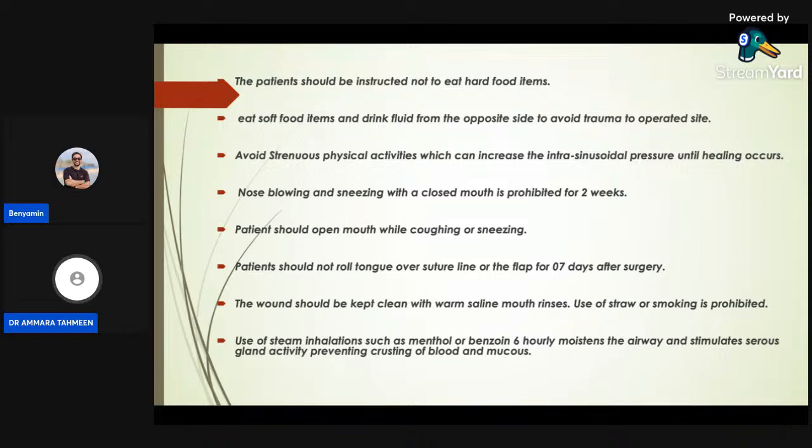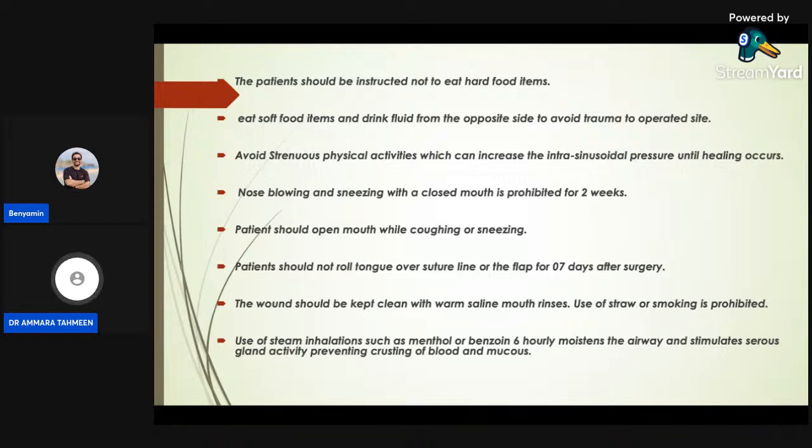The patient should clean the mouth after every meal with warm saline rinses. The patient should also avoid using a straw, and smoking as well. Smoking creates negative pressure in the mouth, and it impedes healing by decreasing the vascularity and promoting inflammation. Patients who are smokers should be instructed strictly about the outcomes of these habits.